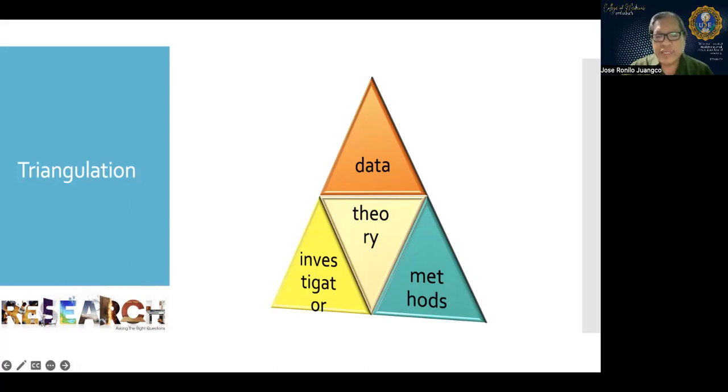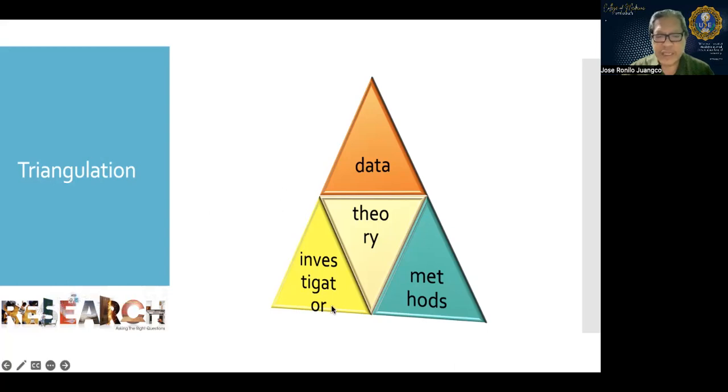Okay, by theory, you can have different theories that you are looking at when you do your data analysis, when you do your themes and subthemes. Okay, by data, you can have different sets of data. You can have quantitative data and qualitative data to ensure that all the results are the same.